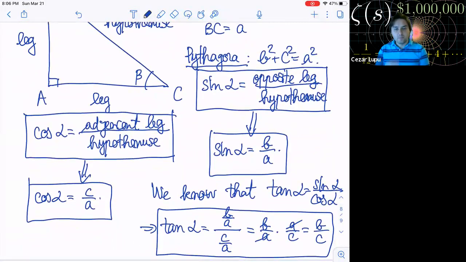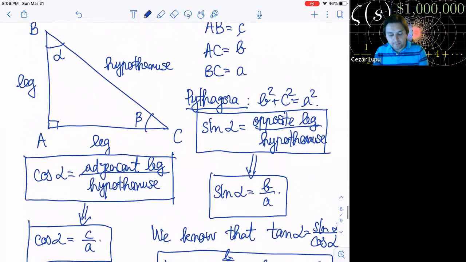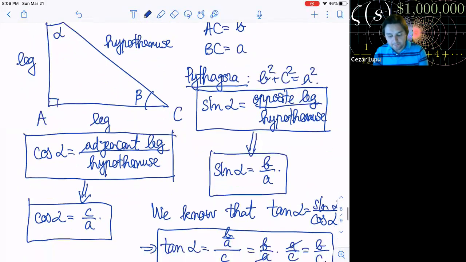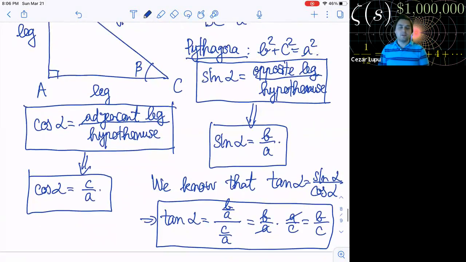The only thing will be, how can you write sine of beta? It is AB over BC. AB is C, so it's C over A. So instead of B over A, it will be C over A, and so on. And I think you can do it by yourself. Is it clear now, Brian?